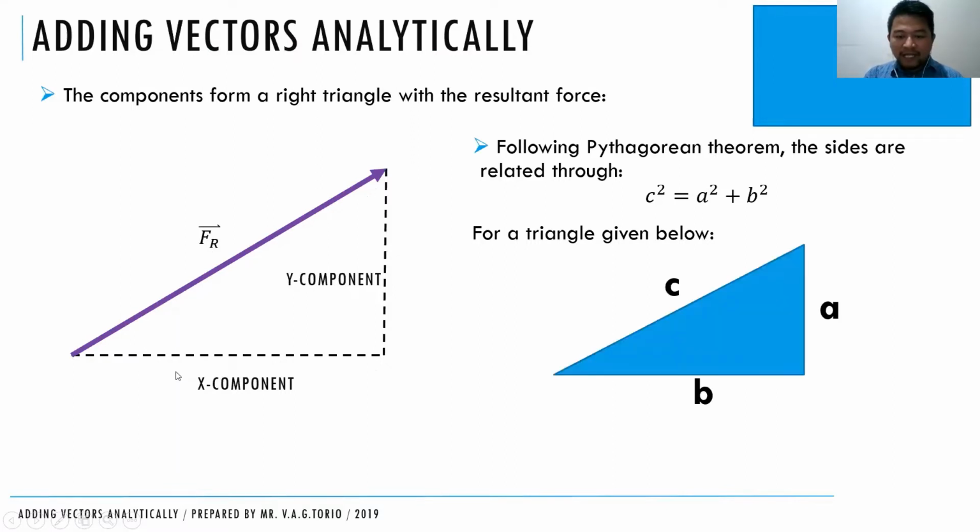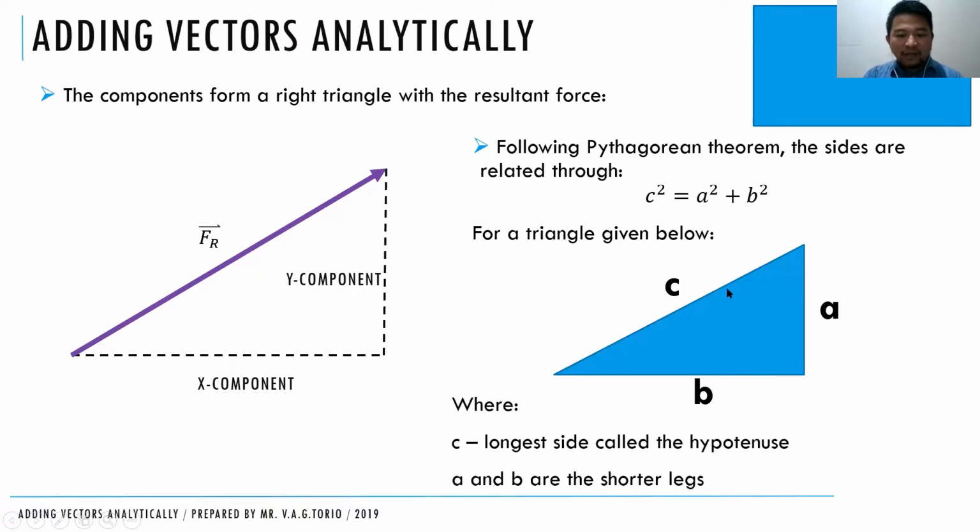And the similar triangle that we can consider is labeled as C, A, and B. We note that C is analogous to F sub r. Both of them are referred to as the longest sides of the 2 triangles that you can see on the screen. And the two other sides, A and B, for this triangle, and y component and x component for this triangle are referred to as the shorter legs of our triangle.